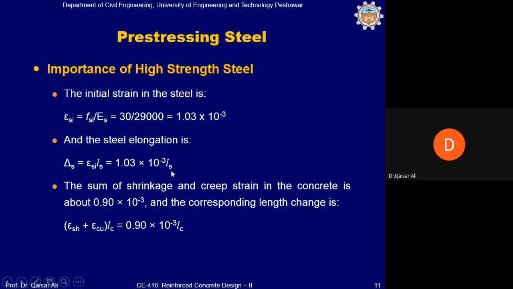And the strain in the opposite direction to this is 0.9. It's almost equal to this. So after concrete reduces by this much strain, it may completely eliminate the already stretched position of the steel bar, which means a complete loss in the pre-compression.